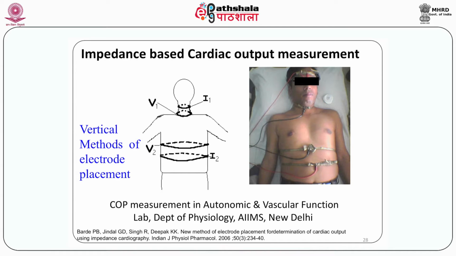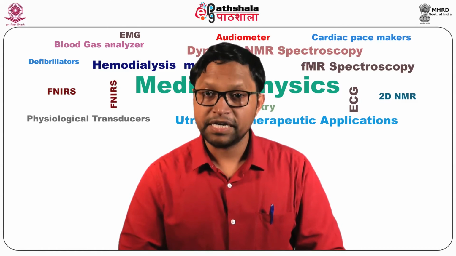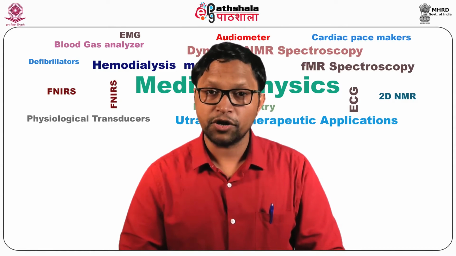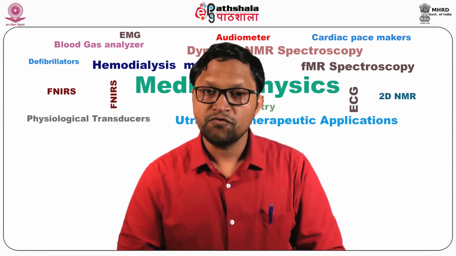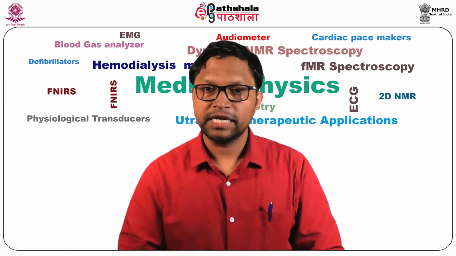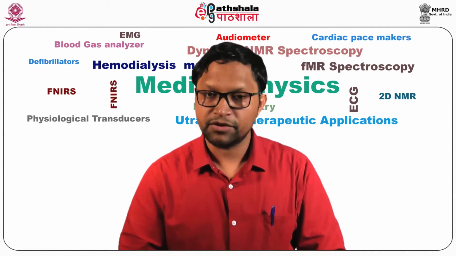This has been validated with standard techniques like thermodilution and the Fick method. The middle trace shows the typical record of the thoracic impedance waveform, from which cardiac output can be calculated by using well-established equations.